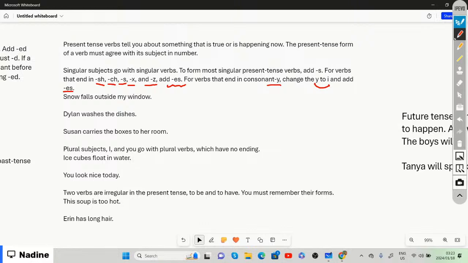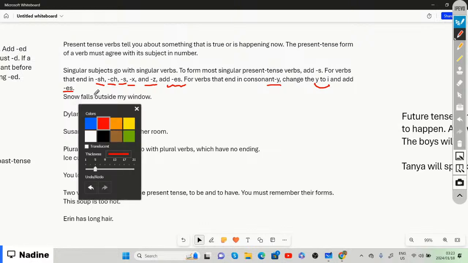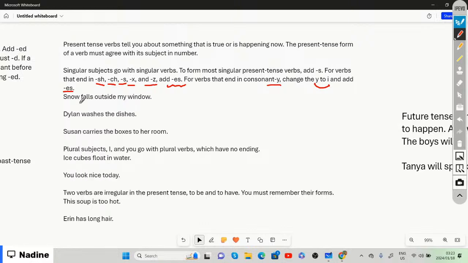For example, snow falls outside my window. Which means that with our present tense verb, instead of saying snow fall outside my window, we added the s because it's a singular subject. So we say snow falls outside my window.